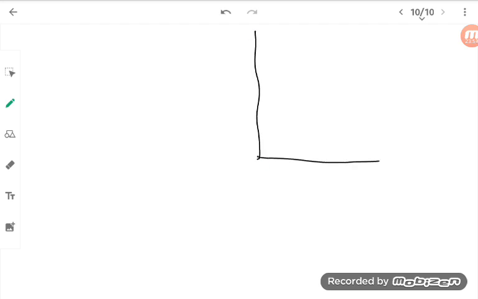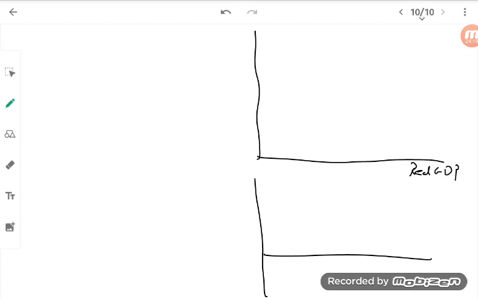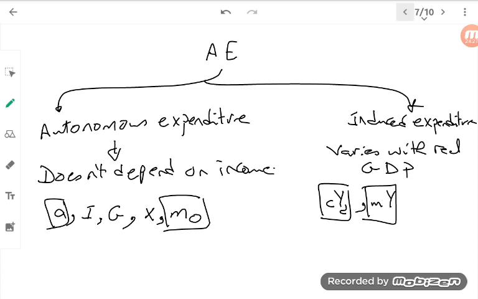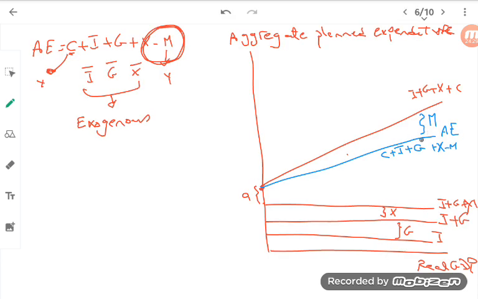Just like consumption and savings, we are going to draw two different figures. The first one is related to aggregate expenditure, and the second one is related to unplanned inventories. This is real GDP, and this is aggregate planned expenditure. Aggregate planned expenditure is this line, okay?